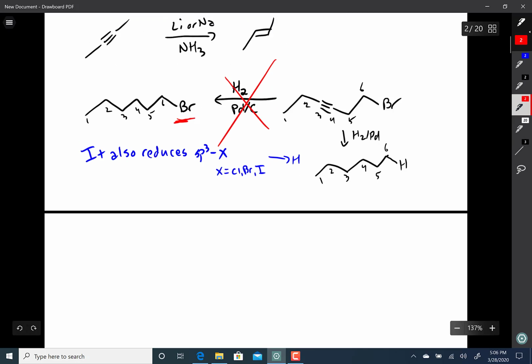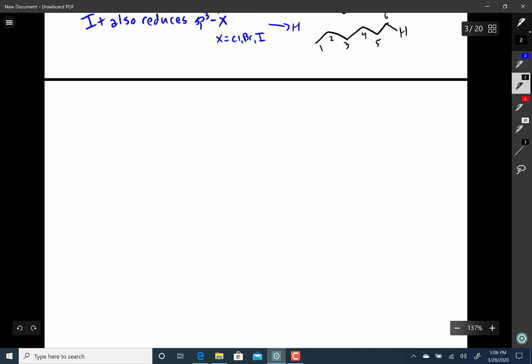So hydrogenation affects carbon-carbon pi bonds, except benzene.